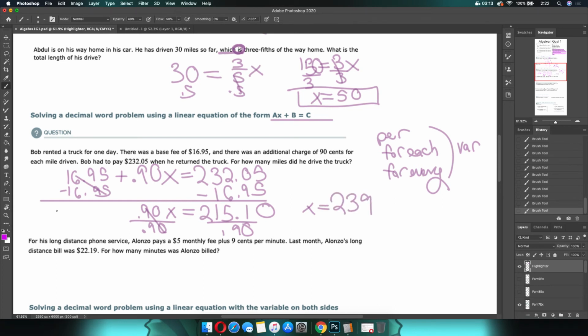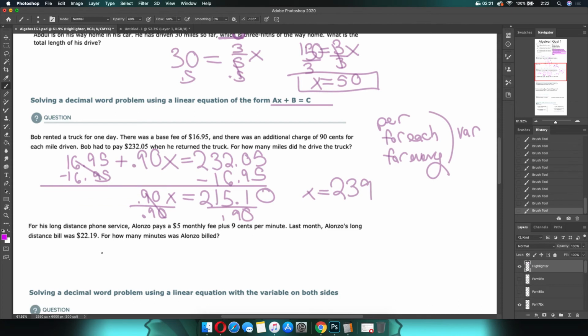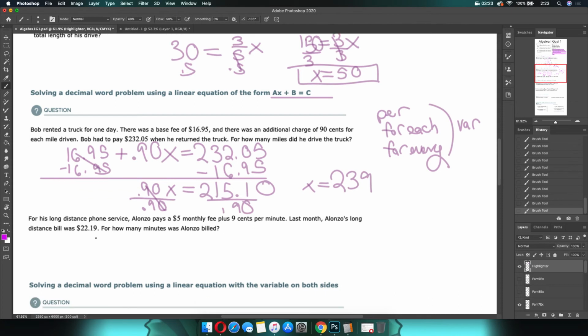So the math itself, once you have your equation set up, is actually pretty straightforward. It's just a question of pulling out the equation from the sentence. So long distance, we have a $5 monthly fee plus 9 cents per minute. Per, again, is my variable. Last month, it was $22.19. So minus 5, 0.09x equals 17.19.